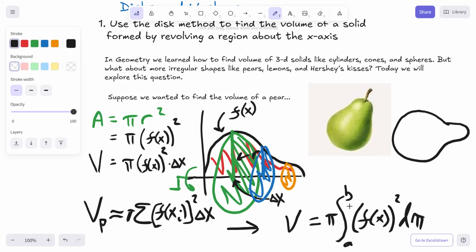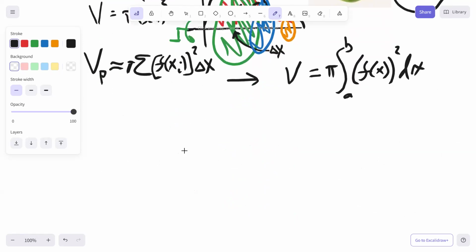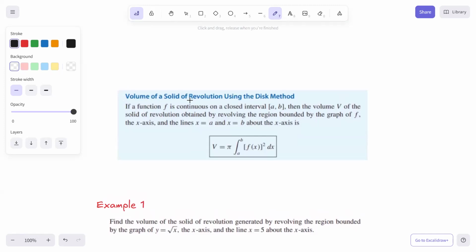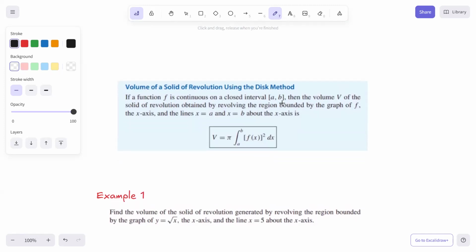Another way to think of this is the function is the radius, the function that models the radius. So you think of it as pi times the integral of r squared dx. So now here is the formula right here, the volume of a solid of revolution using the disk method.